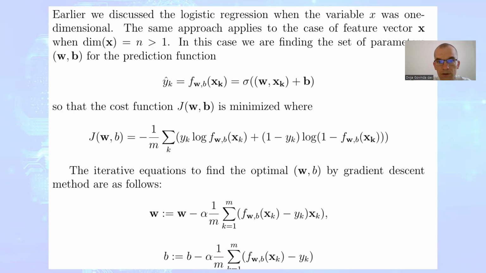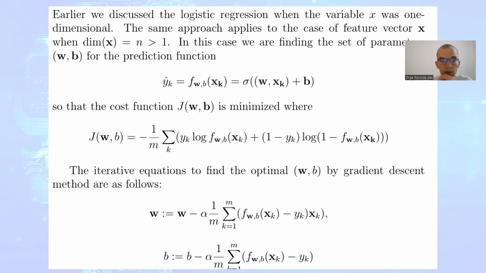Everything remains in the same way, with the exception that instead of just the product of W and X, we're using a dot product of vector W and vector X. Now they are vectors of dimension n. And we have the cost function, which looks almost like in the one-dimensional case, but we now use the dot products for its calculation.